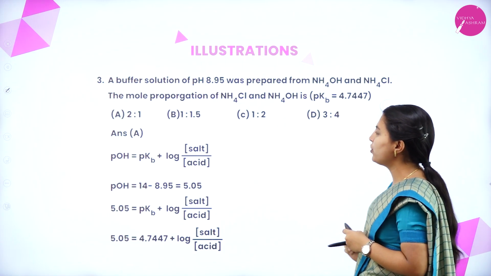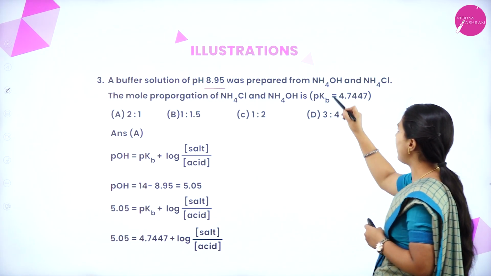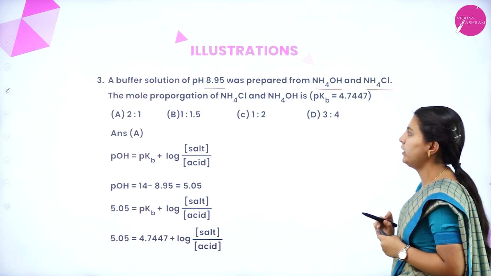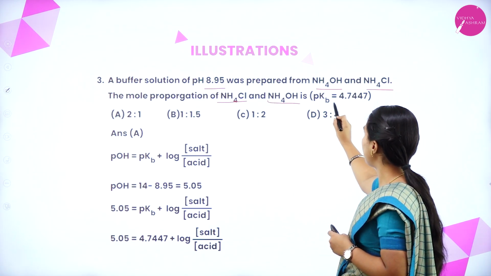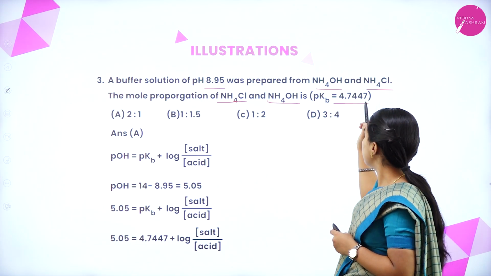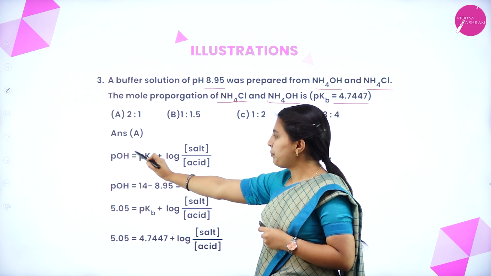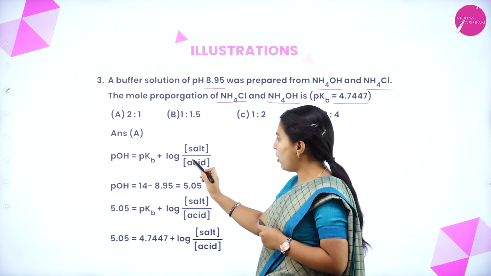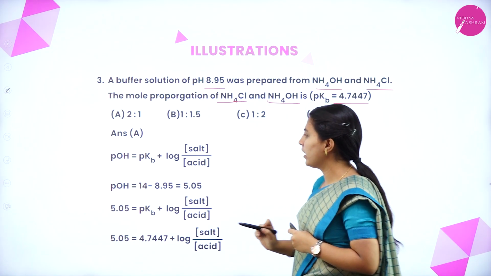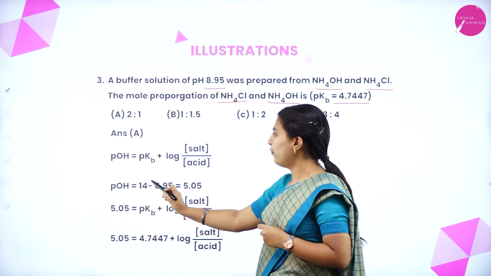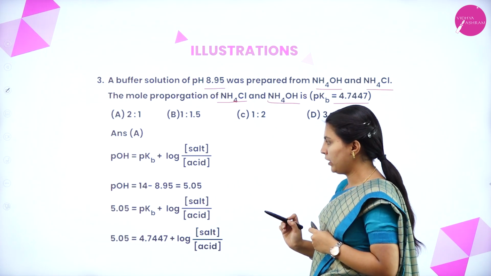Next, a buffer solution of pH 8.95 was prepared from ammonium hydroxide and ammonium chloride. What is the mole proportion of ammonium chloride and ammonium hydroxide, given pKb is 4.7447? This is also the same relation: pOH equals pKb plus log of concentration of salt by concentration of base. pOH equals 14 minus 8.95, equal to 5.05.